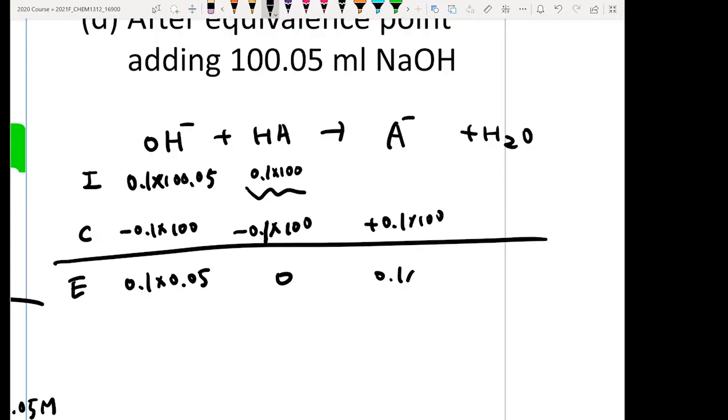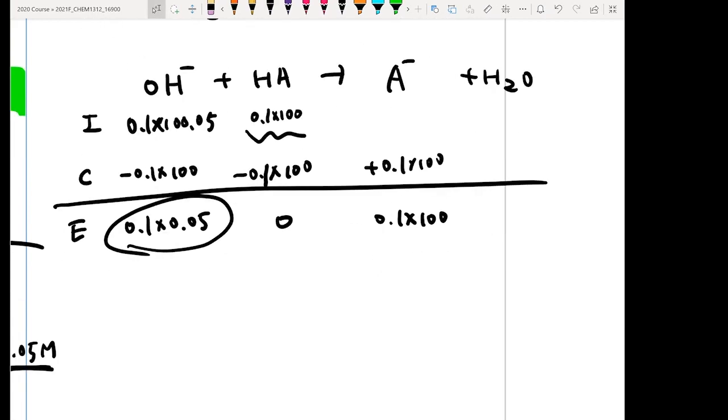So right now you are going to have OH minus and A minus coexisting inside your solution, right? So OH minus will be the species that determines your pH, because this is a strong base. So we want to calculate the OH minus concentration. Again, what we do is the number of moles of my OH minus divided by the total volume.